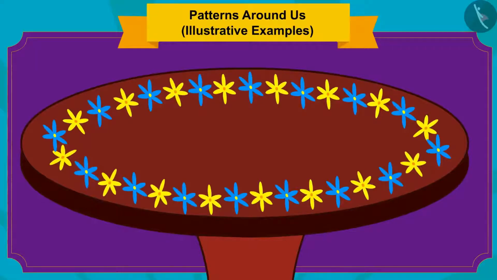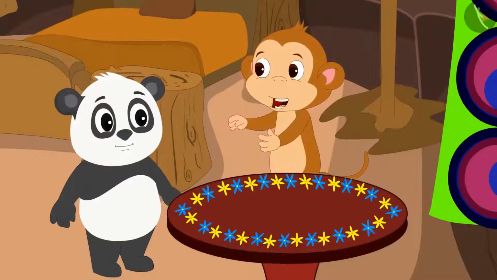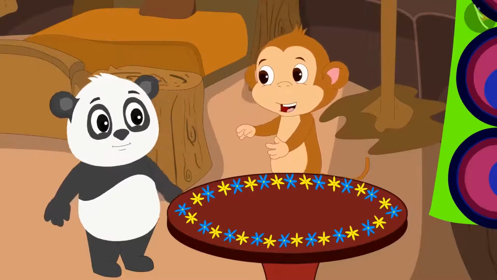Here, a group of yellow flowers and blue flowers is formed, and then a pattern is being made by repeating this group again and again. Babban also explained to Golu how he could find the rule of this pattern.